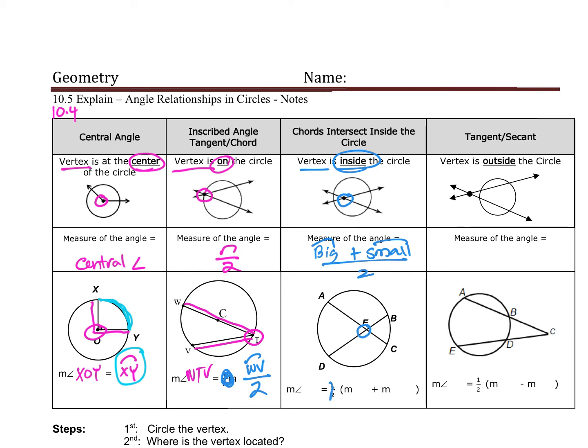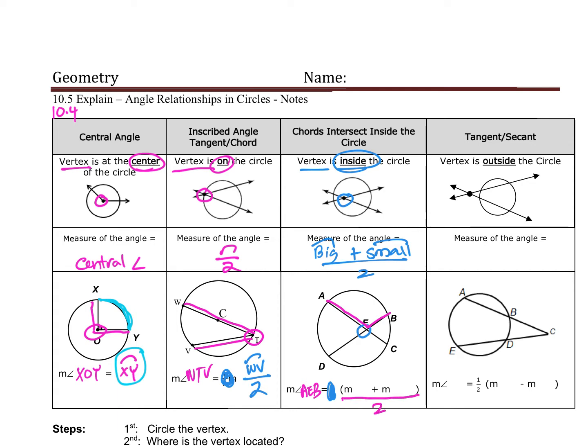So on this one right here, we're trying to find angle AEB. It says big arc plus small arc divided by 2.